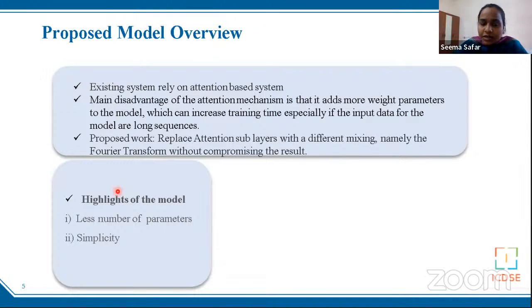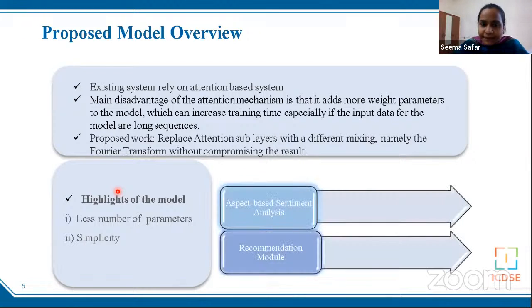Now the main highlight is that since we are replacing the attention-based sublayer, we know that attention is basically a training of a huge number of parameters. So here it is very evident that we are using fewer parameters and a simple architecture. The two core modules of this paper are the aspect-based sentiment analysis part and the recommendation module part.